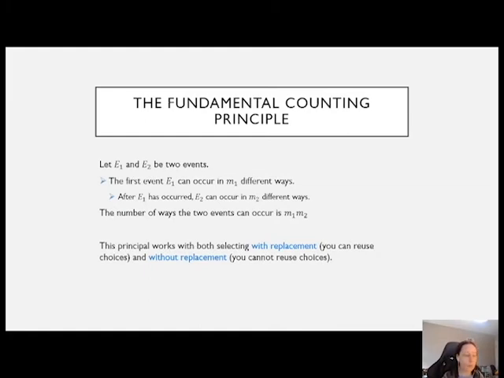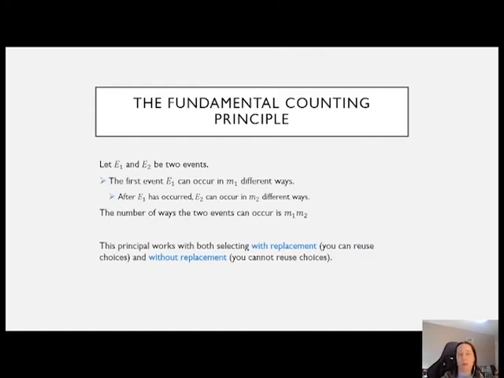So if the first event can occur in M1 different ways, so like physics, we can pick 3 of those. And then after that occurs, your second event, picking a science class, can occur in M2 different ways, so 2 different ways. The number of ways the 2 events can occur is multiplying those 2 together, M1 times M2. So that's what we just did on the previous slide.